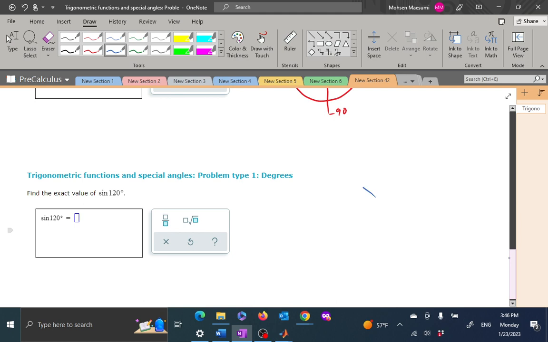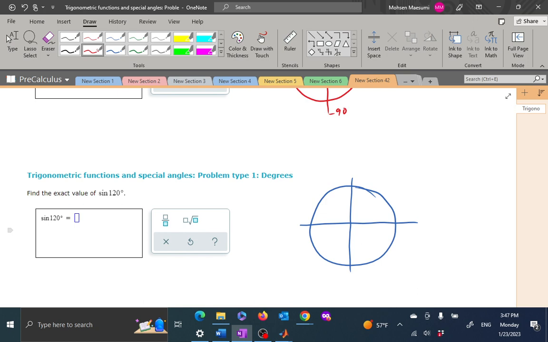Sine of 120 degrees. Where is 120 degrees? 120 is somewhere here. How much is left? 60. So I'm dealing with this triangle here. This is a 60-degree triangle. 60, this is 30. That's going to be 1/2 and radical 3 over 2.